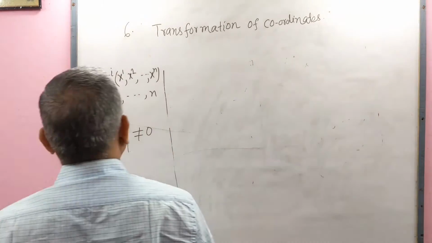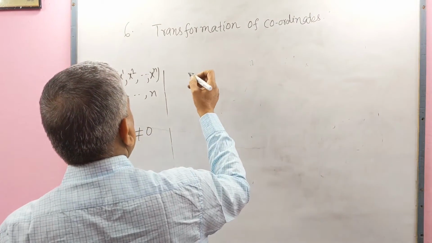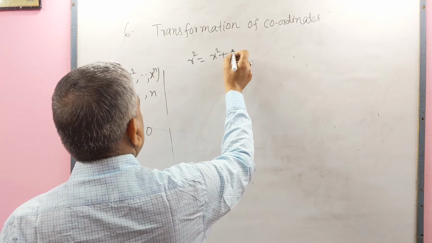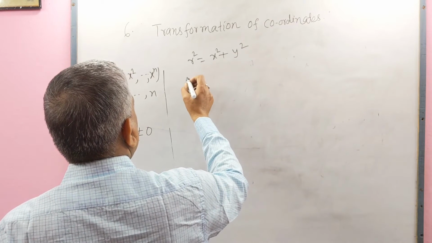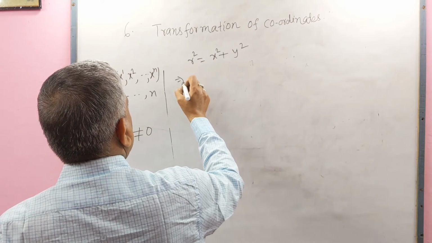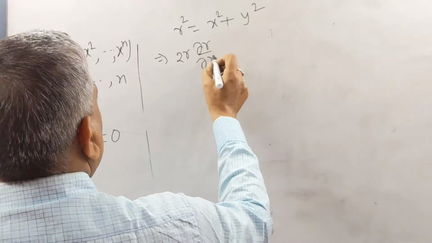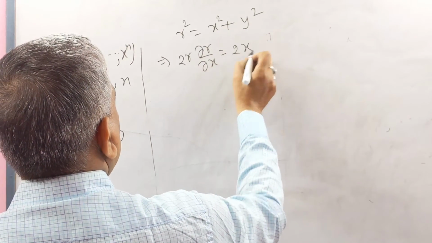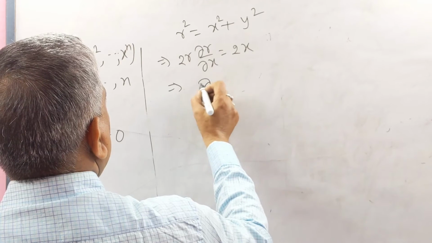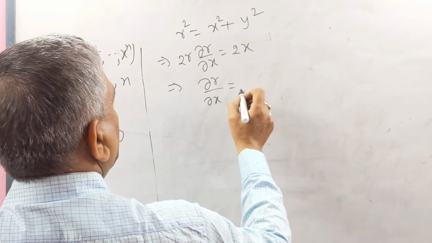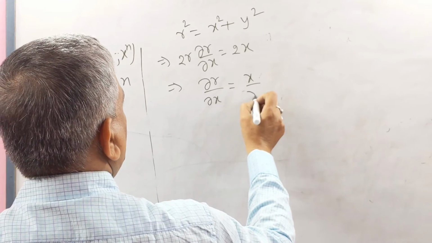As we know that r square equal to x square plus y square implies that 2r del r by del x equal to 2x, which implies that del r by del x equal to x by r.